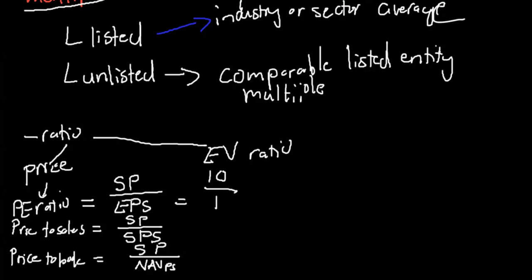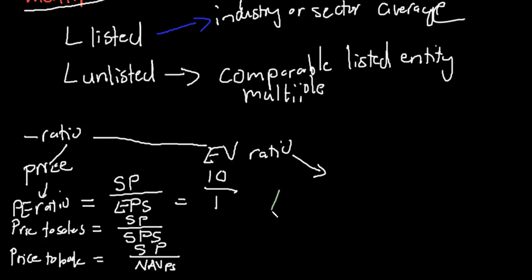Now, we've looked at price ratios, but what about enterprise value ratios, right? How do enterprise value ratios come about? What you need to understand from an enterprise value ratio point of view is that it's the same concept, but now it's looking at the relationship between the enterprise value of a company relative to a line item in the entity.